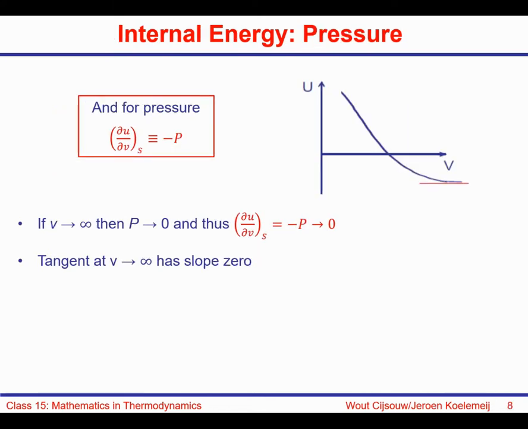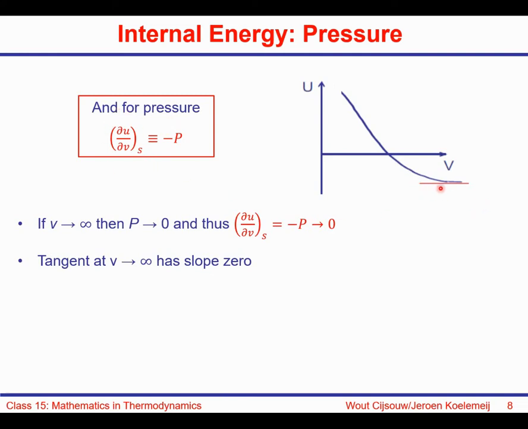Now, likewise, we had seen that the partial derivative with respect to a specific volume equals minus the pressure. So this is again the function U, but now plotted in the UV plane. Now, if the specific volume goes to infinity, we know that the pressure of the substance goes to 0. And if the pressure goes to 0, this derivative goes to 0 as well.